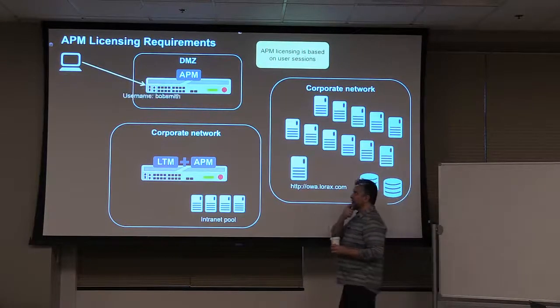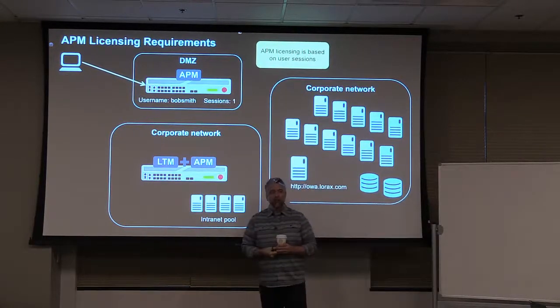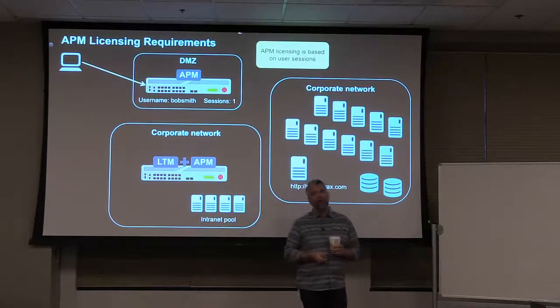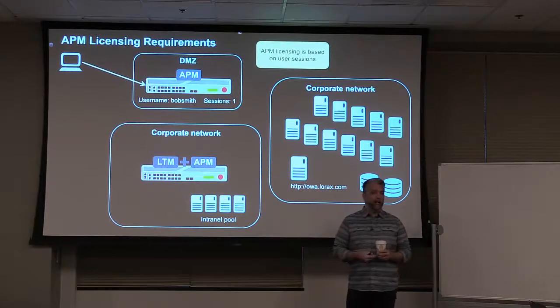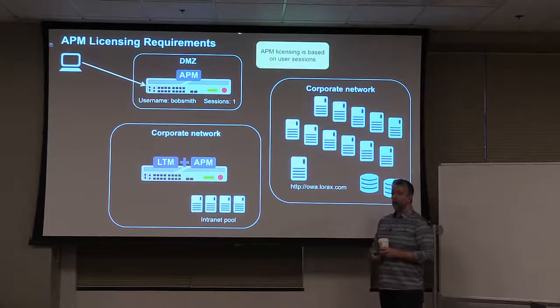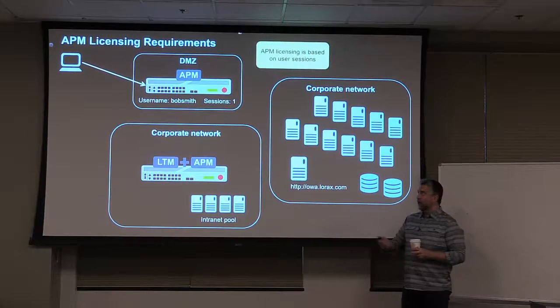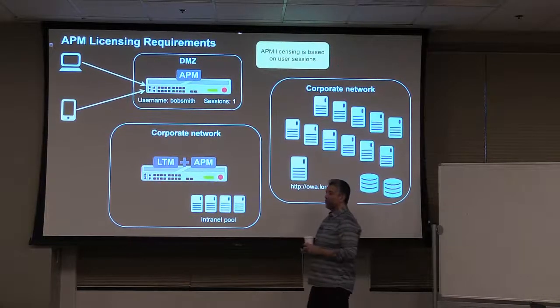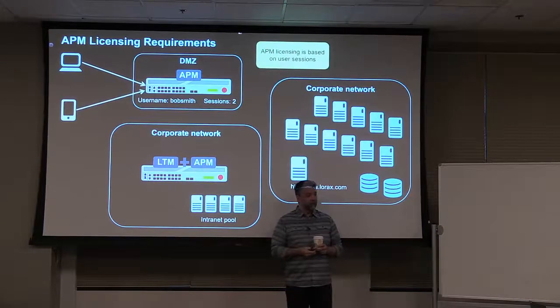So let's talk about what a user session is. And we're going to use Bob as the example, Bob Smith. So Bob connects to the SSL VPN solution up at the top, authenticates. As soon as Bob is authenticated, he's now holding a user access session, an access session. And he'll continue to hold that, even if he now uses his phone to connect as well.